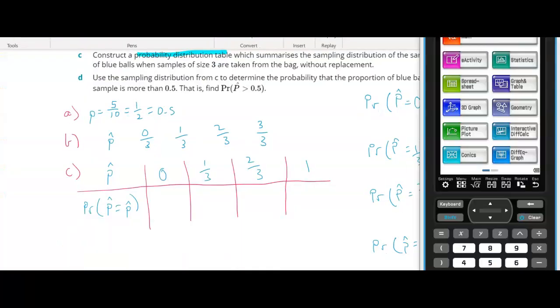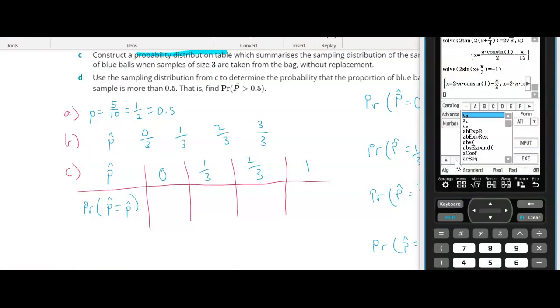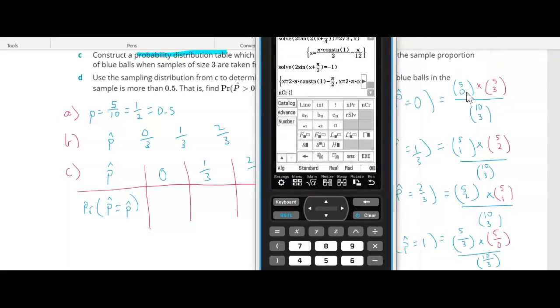All right, so your combinations, just go to main and bring your keyboard up, go down to advanced, and then we want nCr. So we want 5 choose 0 times 5 choose 3. I'm just going to do it separately. So that's 1. And then we want 10 choose 3.